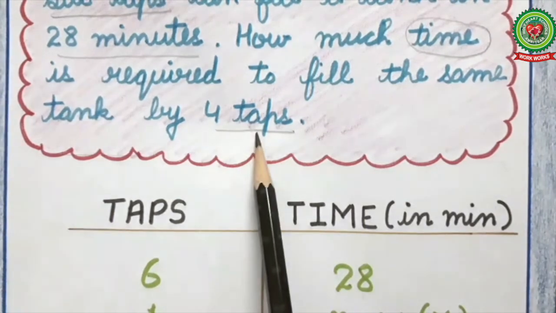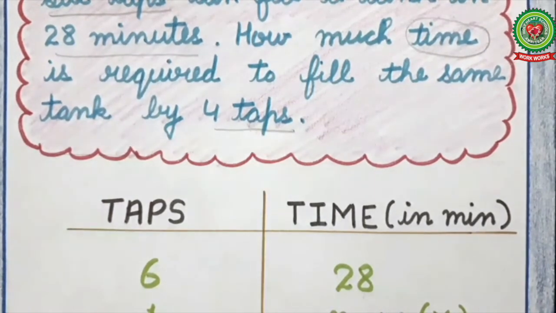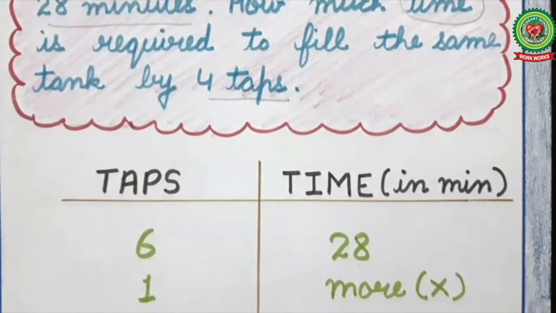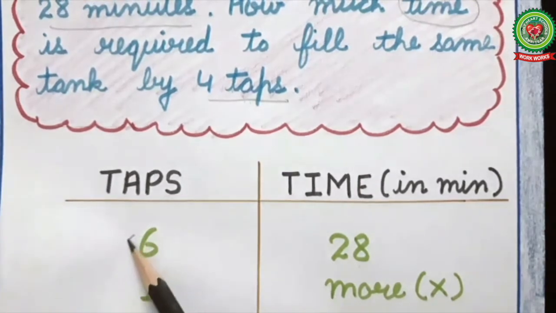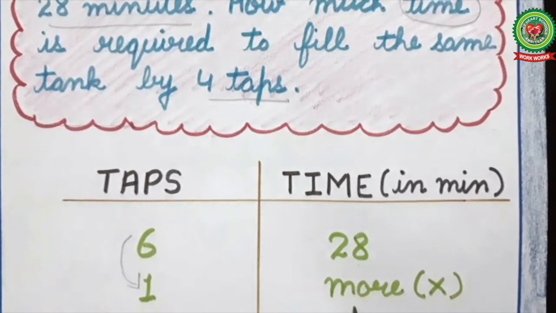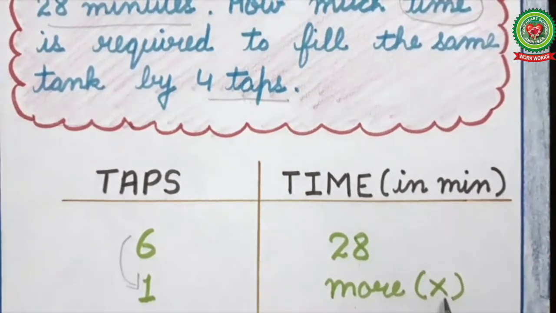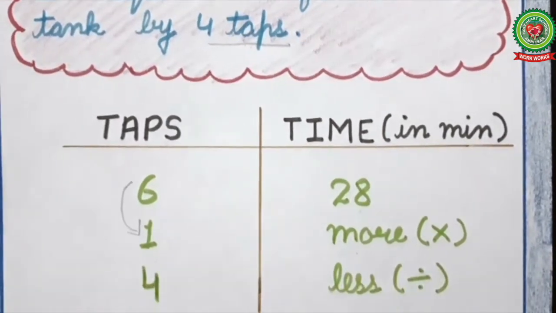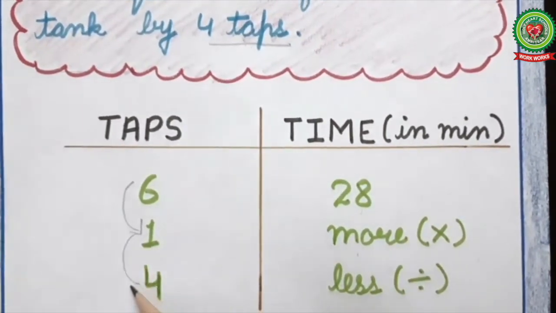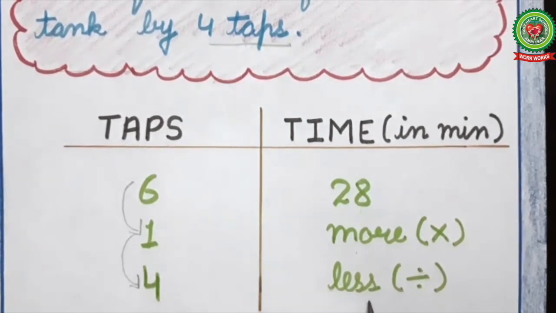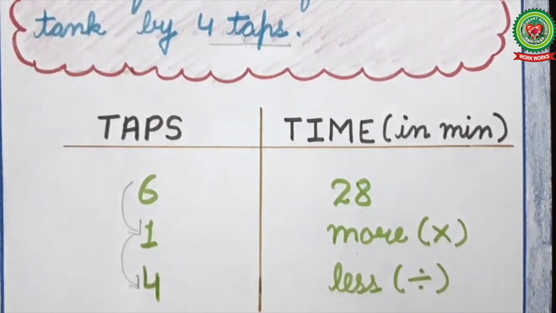We need to find the time for 4 taps. Firstly, we will find the time for 1 tap. When we move from 6 taps towards 1 tap, taps decrease, so time will increase. More will come, and more means multiply. After that, when we move from 1 tap towards 4 taps, taps increase, so time will decrease. Less will come, and less means divide.